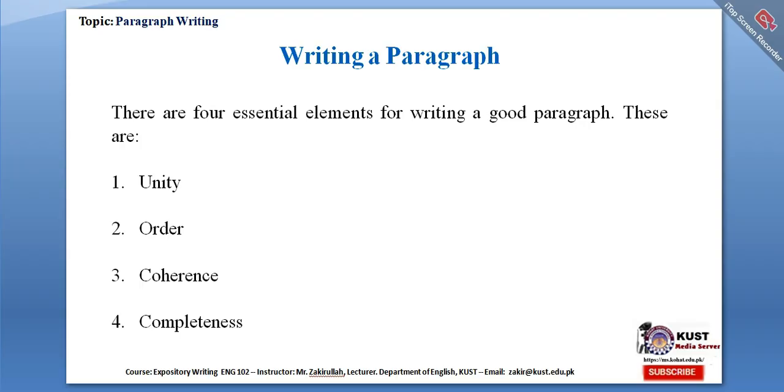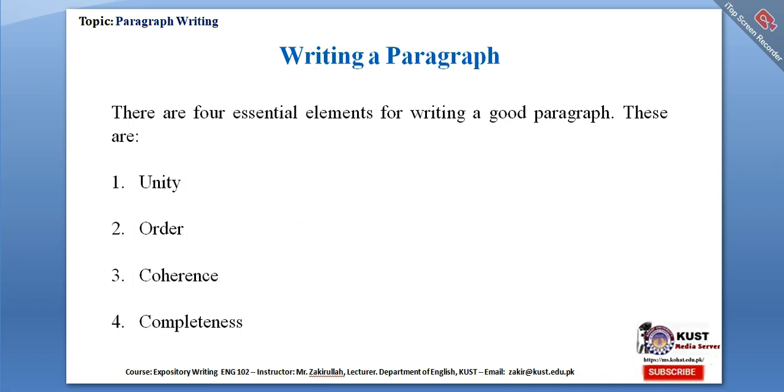Unity focuses on one main idea only. All the sentences in a paragraph should directly support or explain this central idea, and usually it is stated in the topic sentence. If you add any irrelevant or sloppy detail, it can weaken the unity. So unity is the first of the four essential elements for writing an effective paragraph.